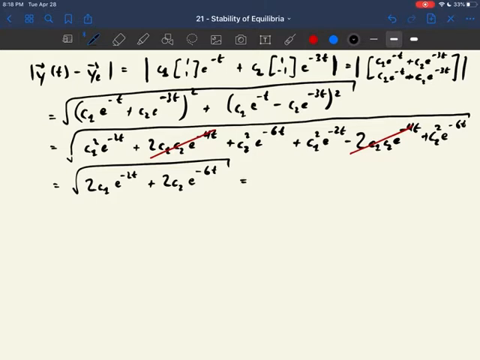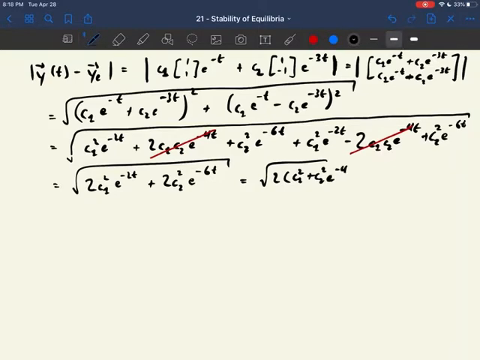Okay, so where are we at now? Well, we've combined a bunch of stuff together. We've still got a little bit more to do. We have 2c1 squared e to the minus 2t plus 2c2 squared e to the minus 6t. So this has gotten much simpler. That's nice.